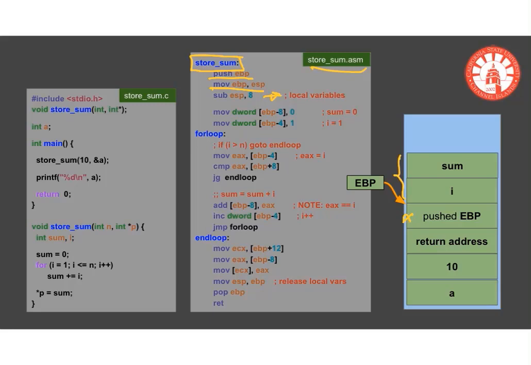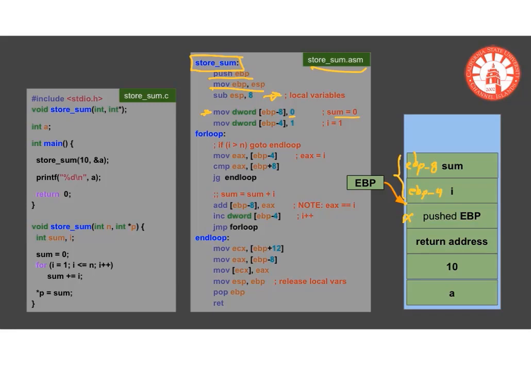The first line in here is the move command. In the move command, we initialize sum with 0. Why? Because EBP now is pointing in here. The next element at the top is EBP minus 4. And the next element after that is our sum, which is pointed to by EBP minus 8.